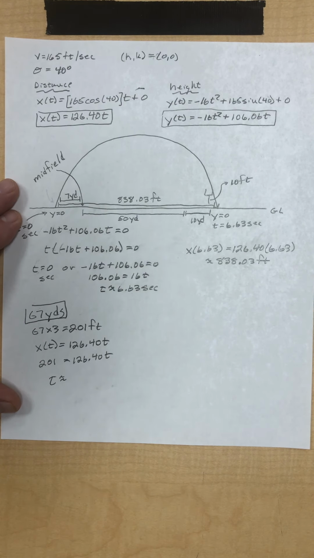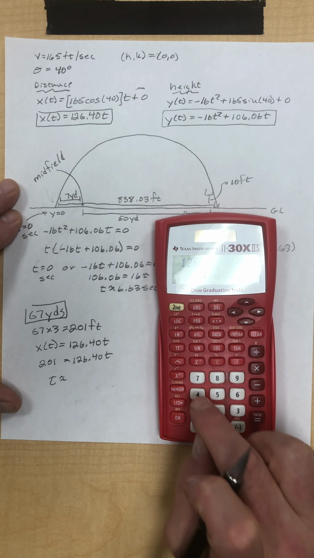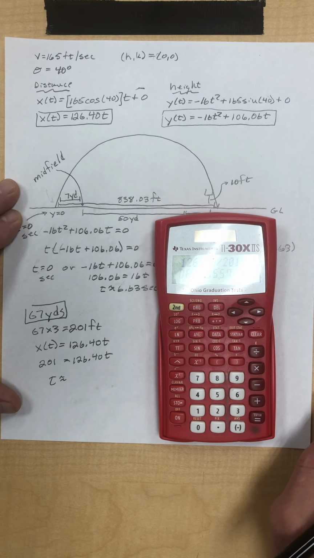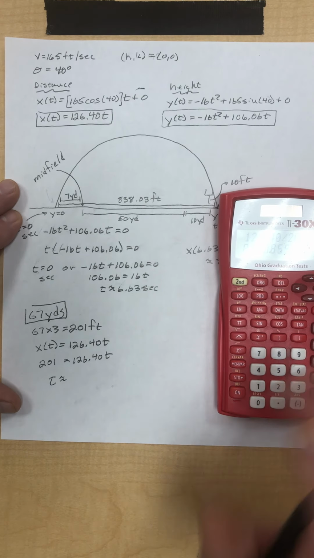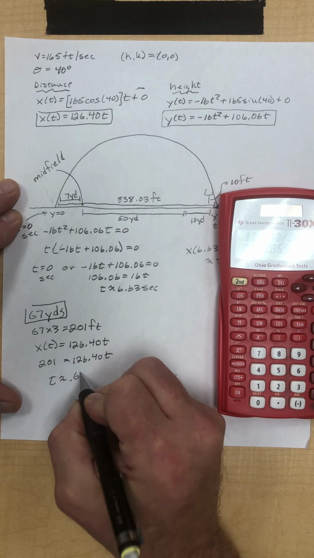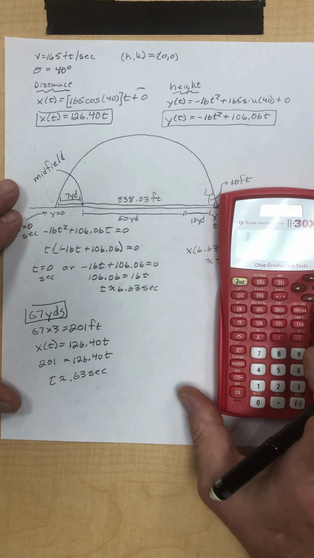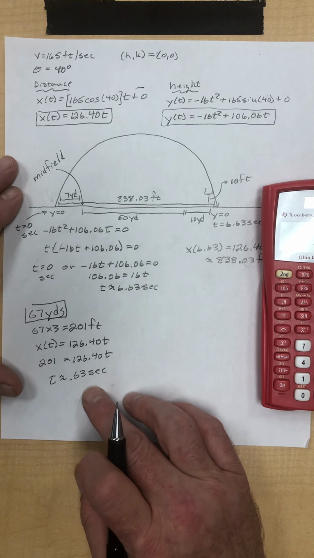So just do your division. 126.40 divided by 201, and it looks like it's 0.63 seconds. Okay, so it takes less than a second, because he's the Scottish Hammer.